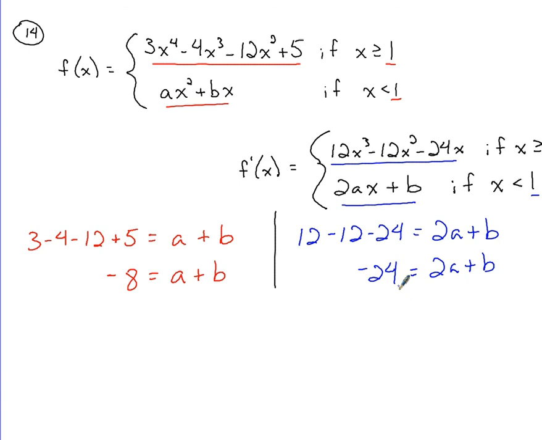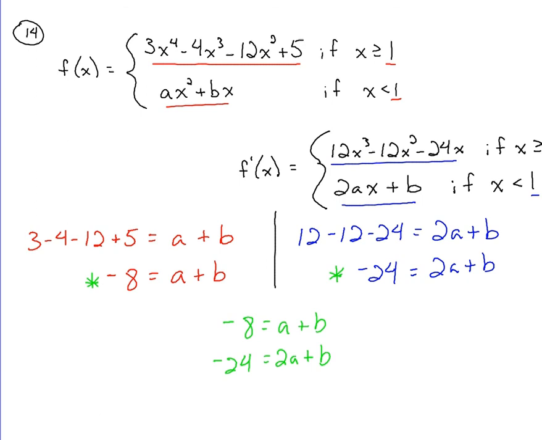Trying to find two variables, need two equations. I've got two equations. So set these two equations, well, maybe stack them on top of each other. If you stack them on top of each other, you could see that elimination could be a good way to go here. Because with what I'm seeing, these b's would go away pretty easy if I took one of these equations and multiplied by a negative 1.